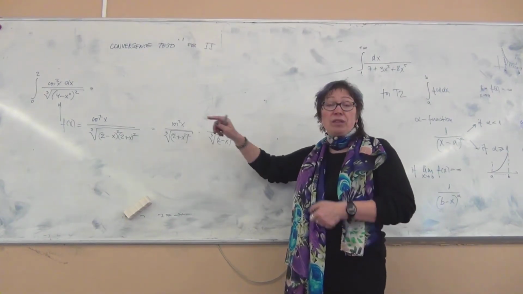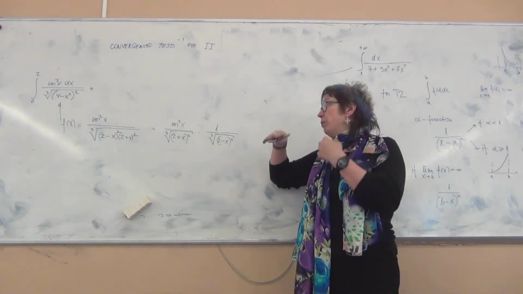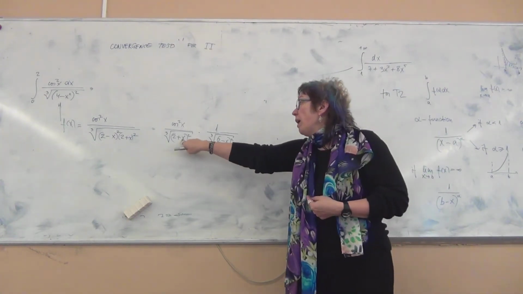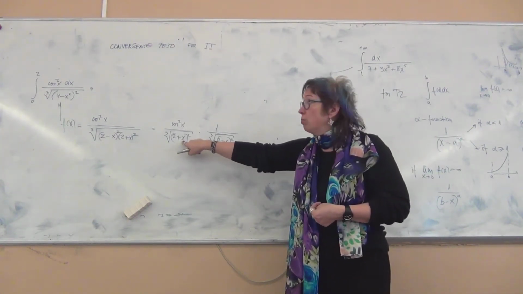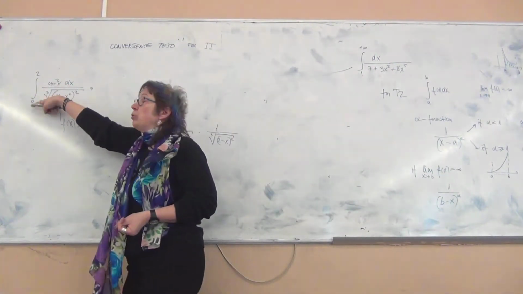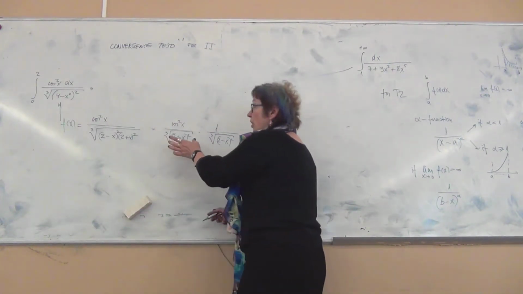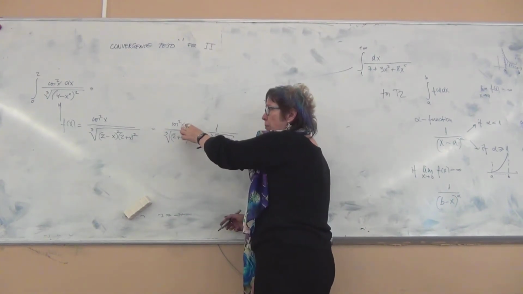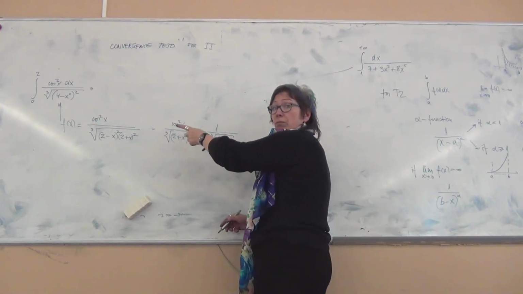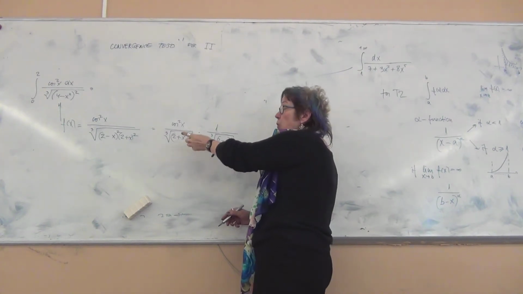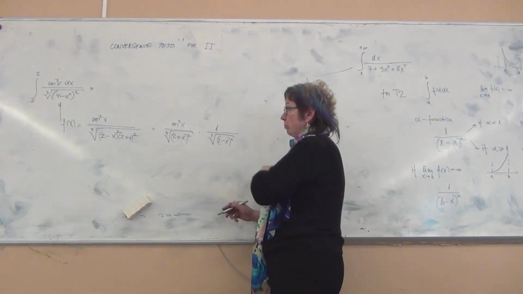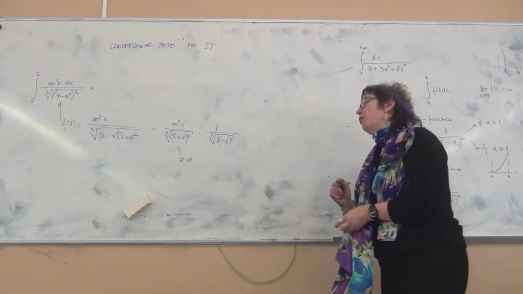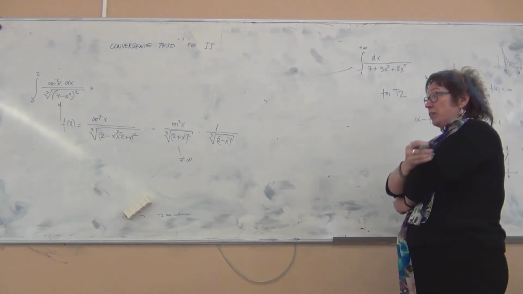Cosine squared of x is finite, between 0 and 1. 2 plus x will never be 0, not in this segment between 0 and 2. So this is a good thing. It can be 0, but it will never be infinity. This cannot be infinity, if you like.